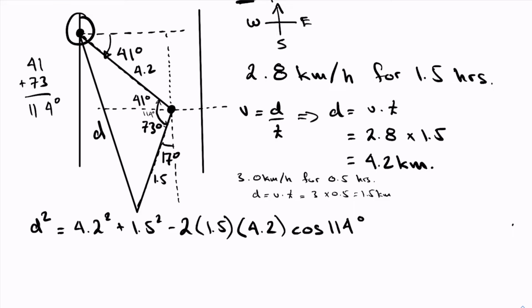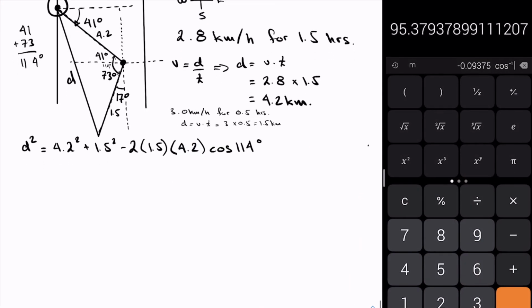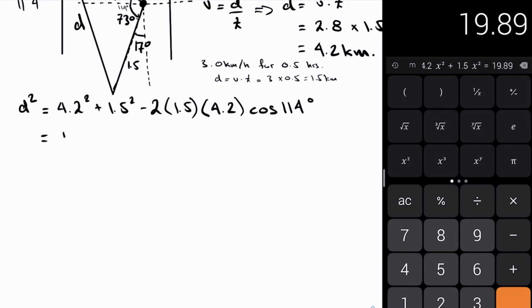And at this point, we can take out our calculator and start doing the work. So I have 4.2 squared plus 1.5 squared. That'll be 19.89. Minus a whole bunch of calculation here.